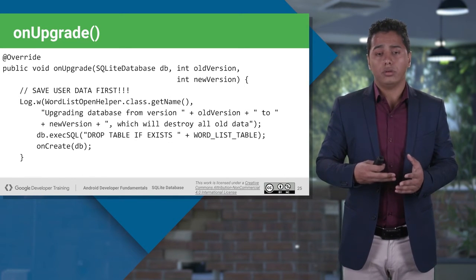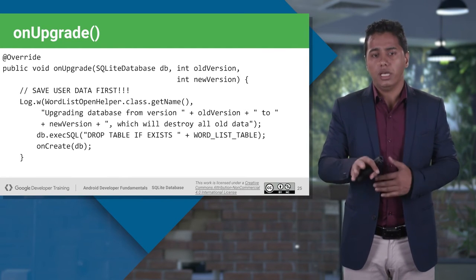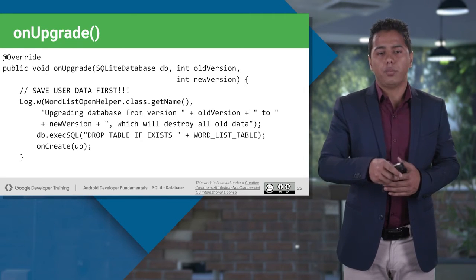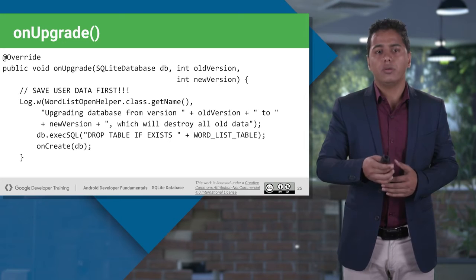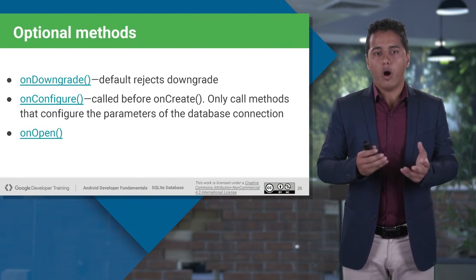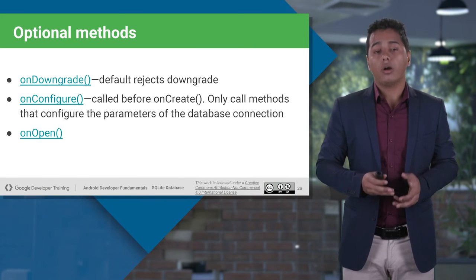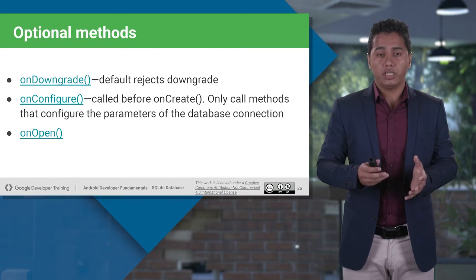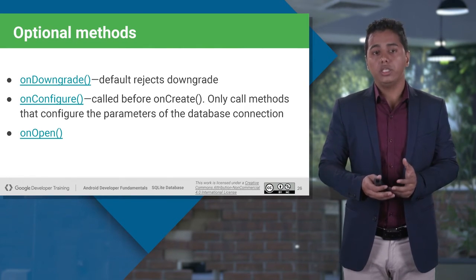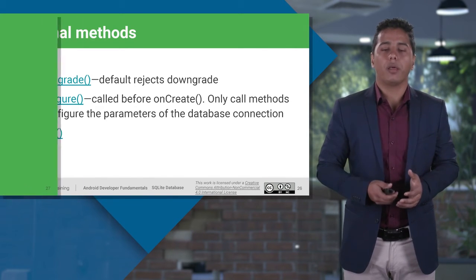Either you want to alter the table, or you want to drop the whole table which was previously used by the user, and again pass the control back to onCreate, because in onCreate there will be a new table created for you. There are some optional methods also which you can take a look at, like onDowngrade, onConfigure, or onOpen. They are optional, so you don't have to override them, but according to your need you can always override them and use them inside your SQLiteOpenHelper class.